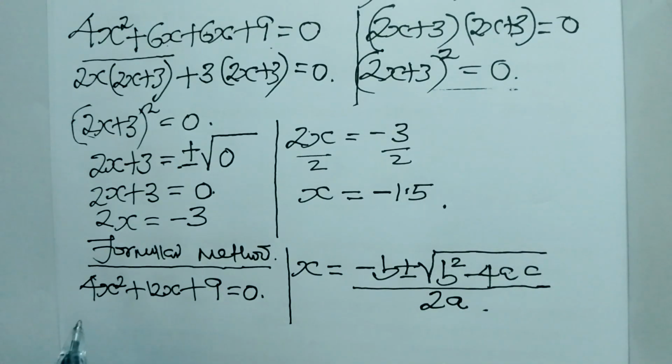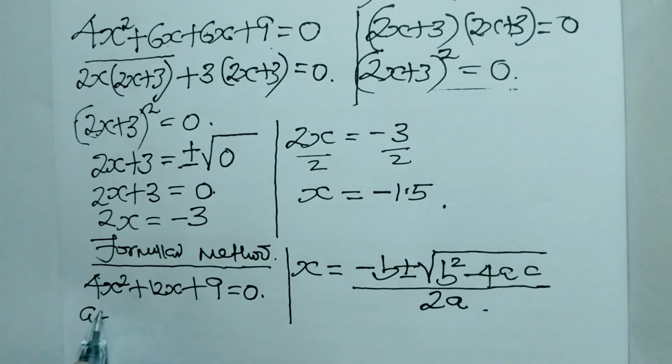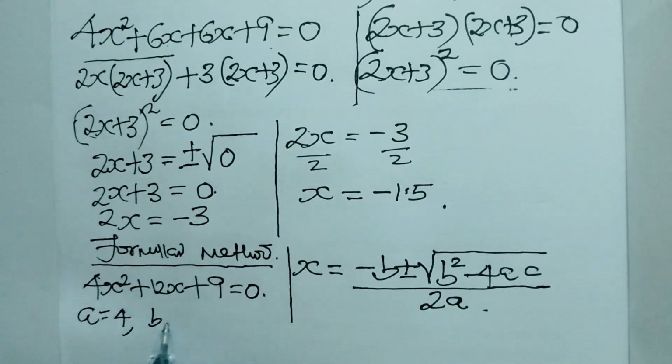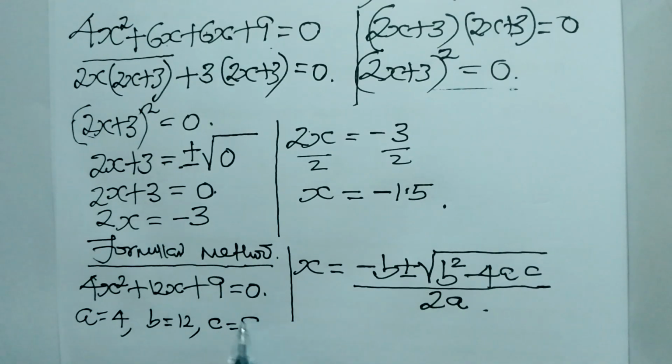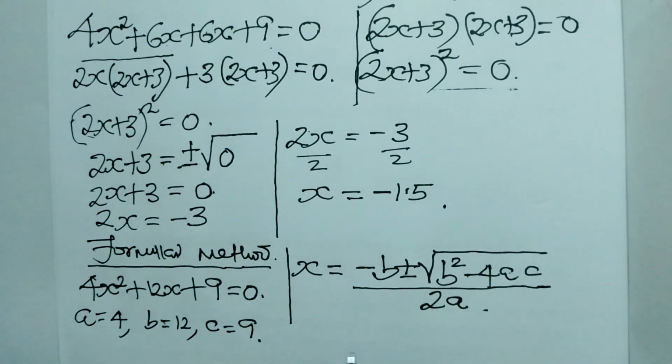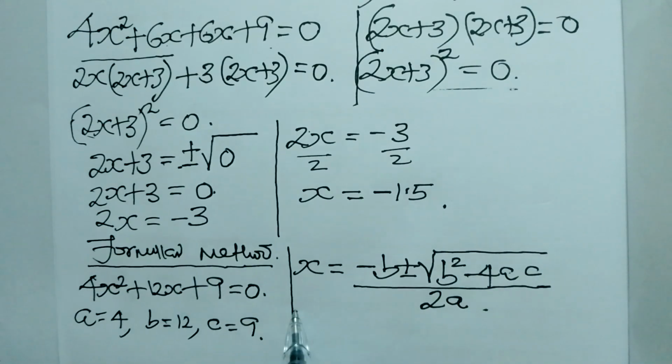From our equation, a is equal to 4, b is equal to 12, and c is equal to 9. Therefore, we go to the equation and substitute for these particular values.